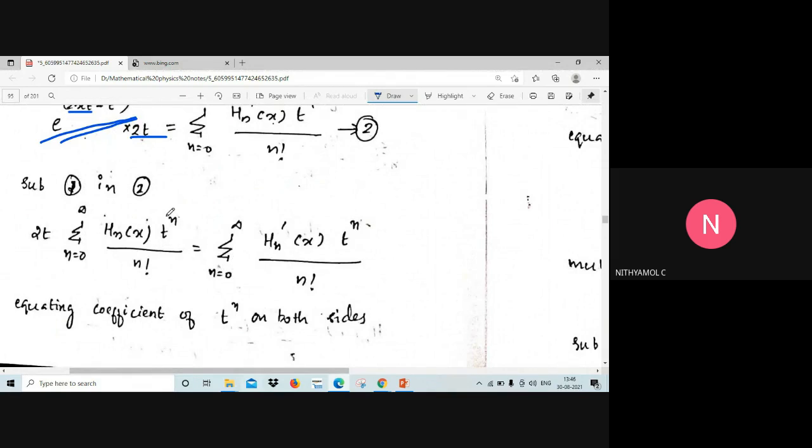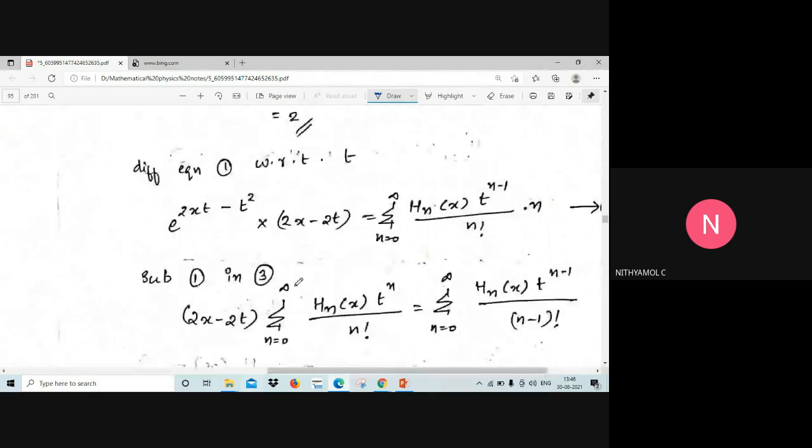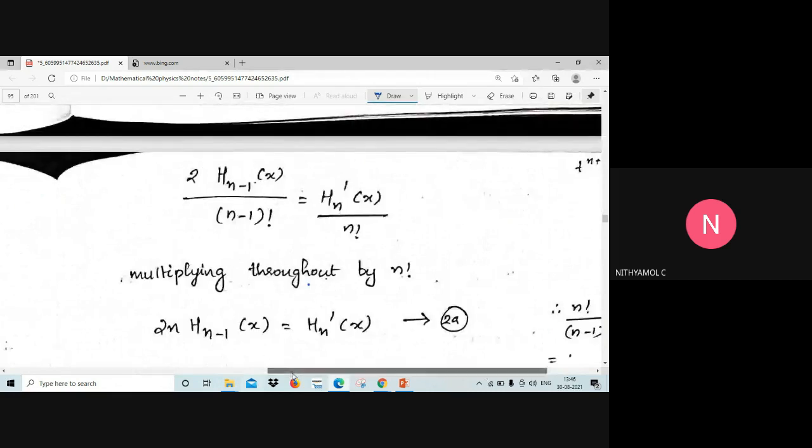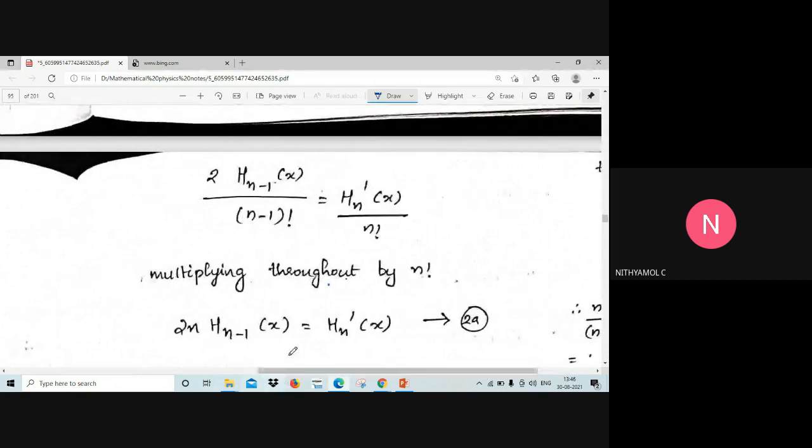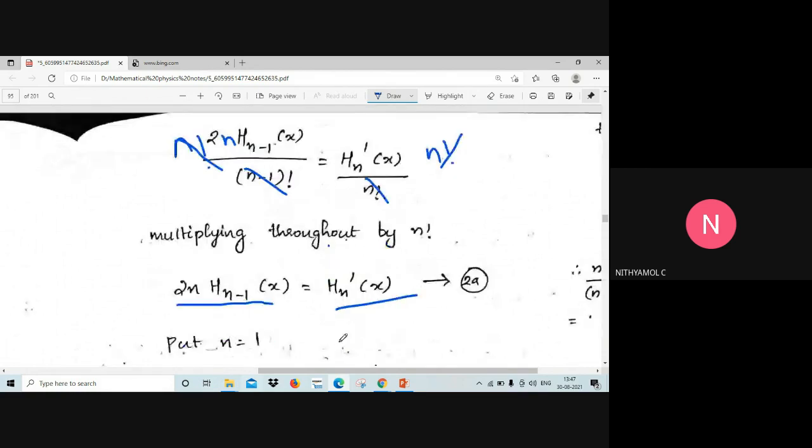Now equating the coefficient of t raised to n on both sides and multiplying both equations by n factorial, the n factorial can be cancelled, leaving Hn prime(x). Here 2 into (n minus 1) factorial and n factorial give a 2n. That is, 2n H(n minus 1)(x) equals Hn prime(x).